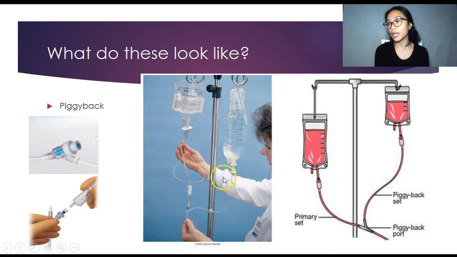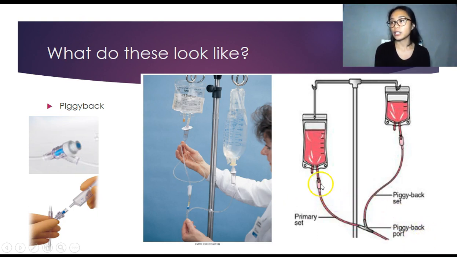One is piggybacked onto the other by connecting the patient end to the IV port, and then you can give one at a time. It means that you have two different bags of fluid having their separate lines, but eventually going through the one line, and you can use the patient's cannula.